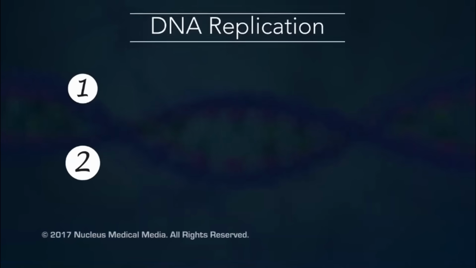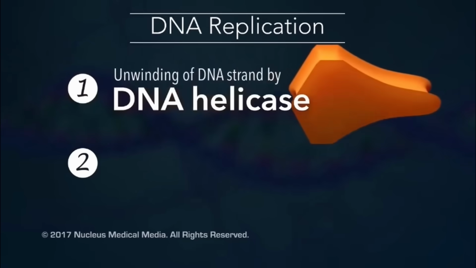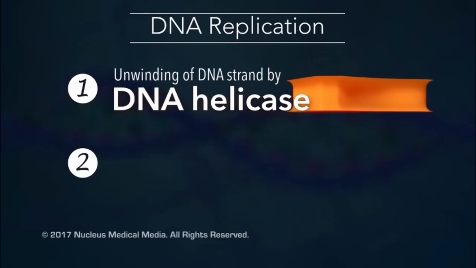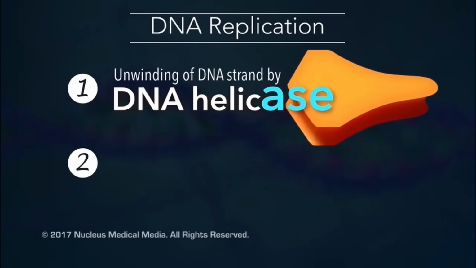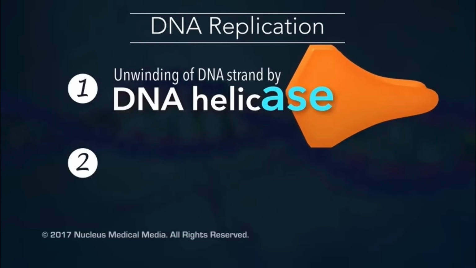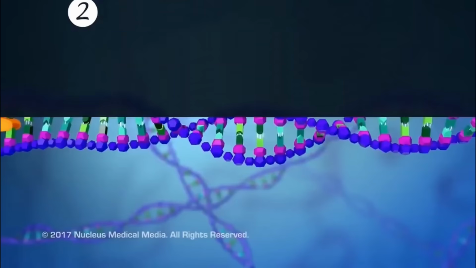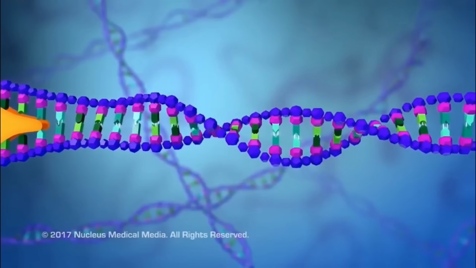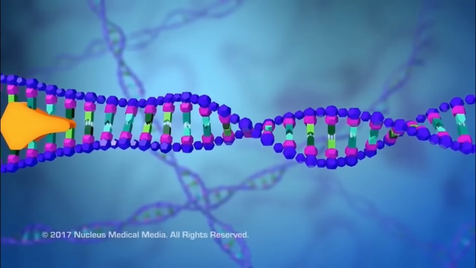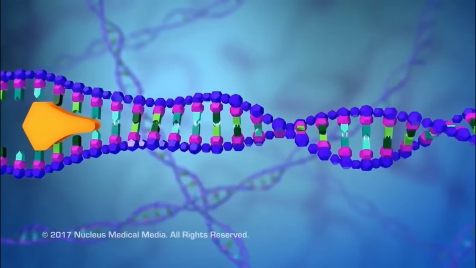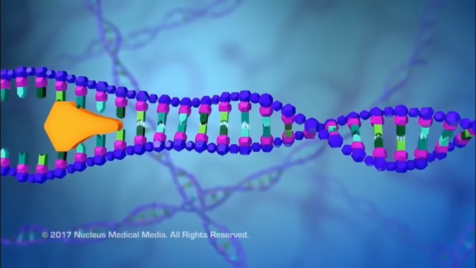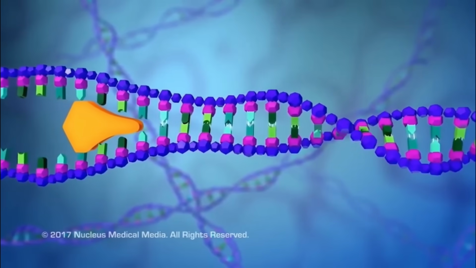The first step of replication begins with an enzyme called DNA helicase. The suffix "ase" tells you right away that helicase is an enzyme. Helicase unwinds and then separates the two sides of the DNA molecule by breaking the hydrogen bonds between their nitrogenous bases.